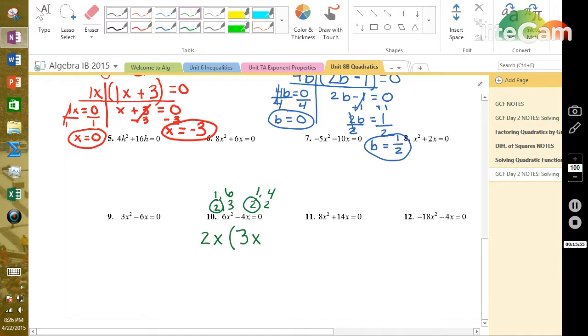Now we have to get our second term. 2 times what gives me negative 4? The answer is negative 2. There was an x, I took 1 out, there's no x's left. It's an equation, so we have to set it equal to 0.